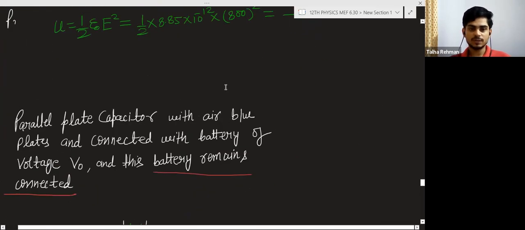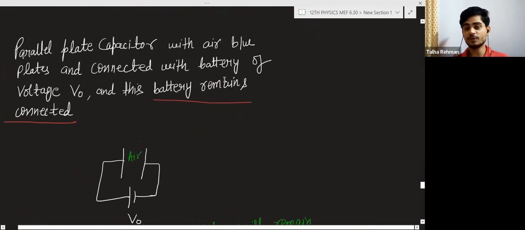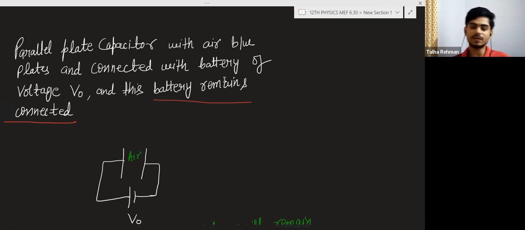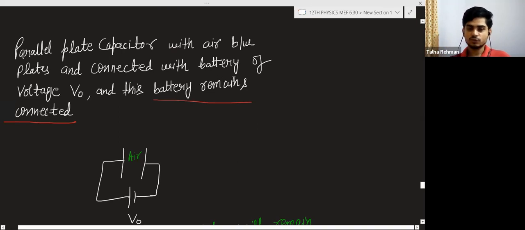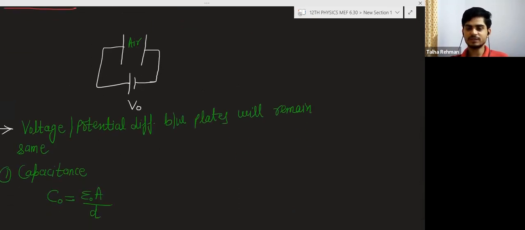So this is a very important question. When the battery remains connected, what will happen to the capacitance? What will happen to the potential? What will happen to the charge? What will happen to the energy? So don't try to mug this up, try to understand. If someone says calculate the charge, don't learn it by heart.